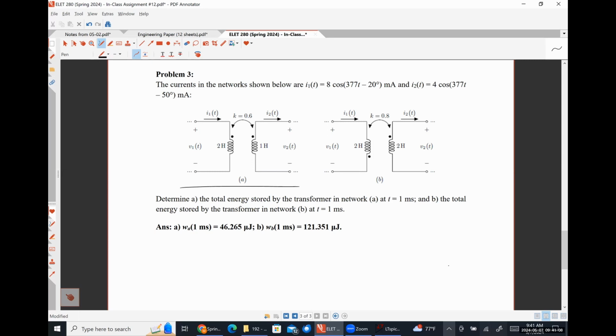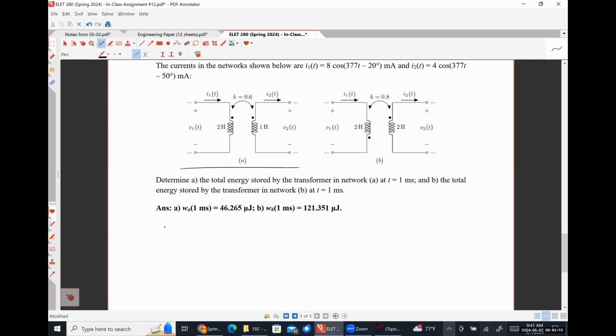So let's start with some low-hanging fruit. What's L1? 2 henries. Great. What's L2? 1 henry. What's M? Go way back to what we did the very first thing in class, because I gave you K, and we need to calculate M based on K, L1, and L2.